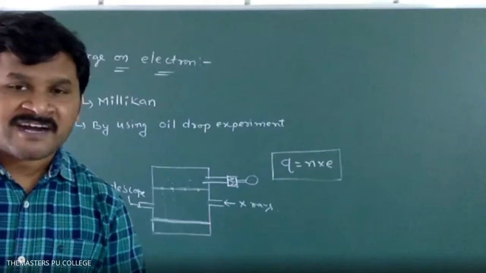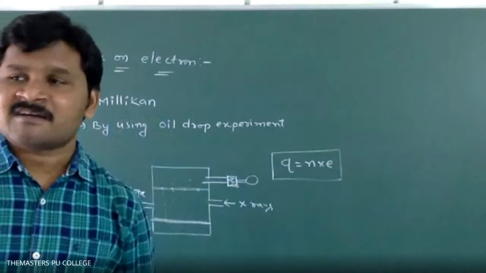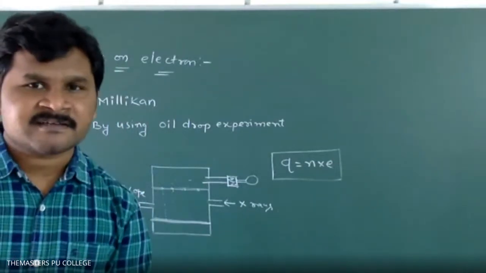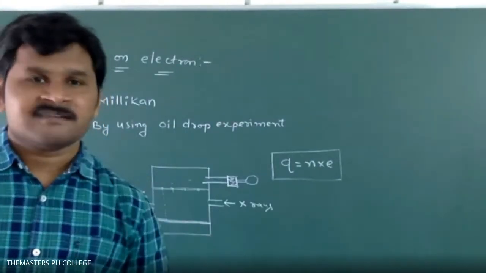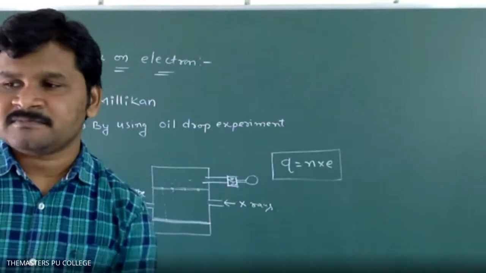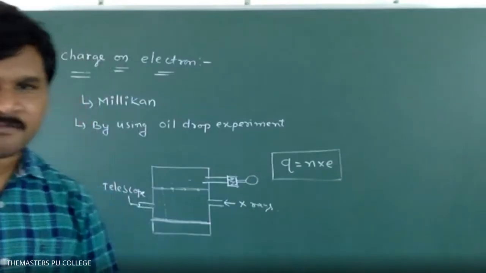Q is equal to N into E. What is Q? Charge on oil droplet. What is E? Charge on electron. What is N? N is an integer.